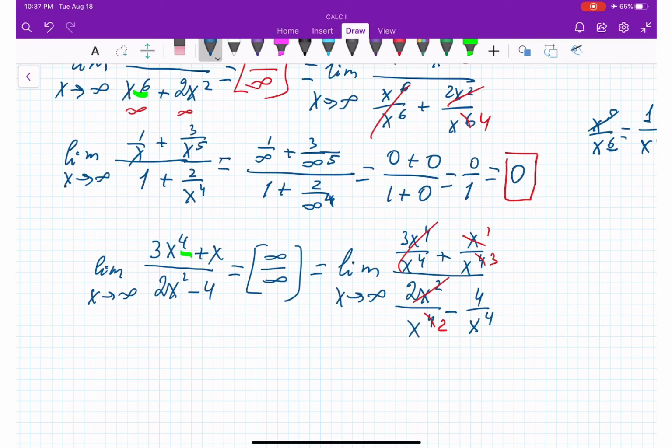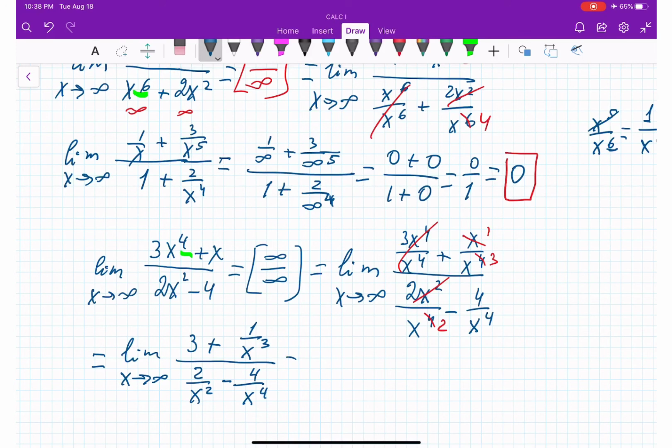Okay, so let's write down what we get. Write it down clean. The limit as x approaches infinity of 3, oh, we have only 3 there. Very good. We are getting only 3, and then plus 1 over x cubed, and then we have 2 over x squared, and here we have 4 over x to the power 4.